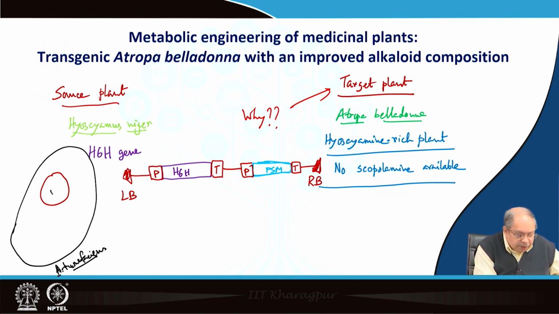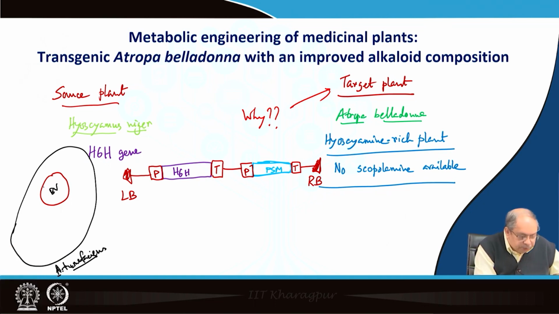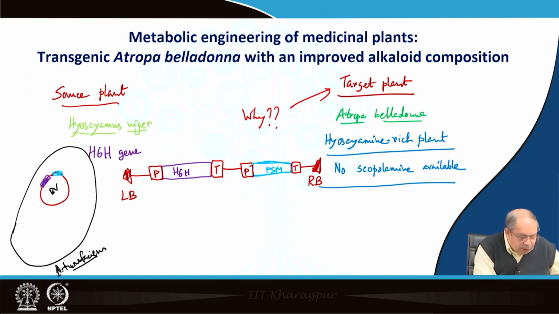This is the binary vector I discussed in the previous class, which contains your gene of interest along with the plant selectable marker, and both are kept inside the left border and the right border.